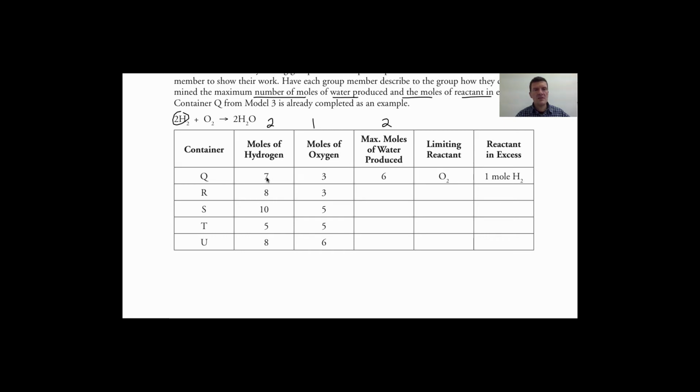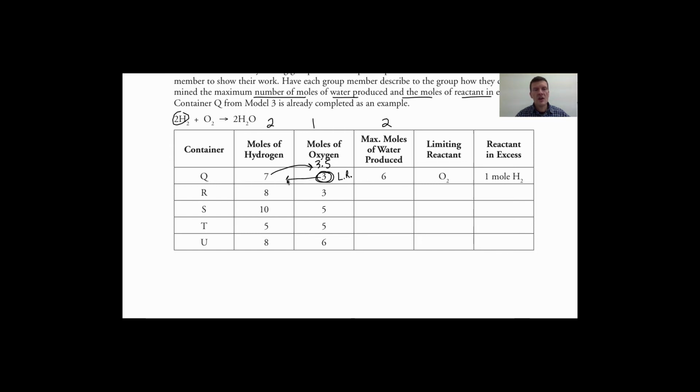If I've got 7 moles of hydrogen, and I use all 7 of those, it would use up half as much oxygen. I would need half of 7, which is 3.5. Do I have 3.5? Nope, I only have 3. So oxygen is my limiting reactant, and the 3 is used up.